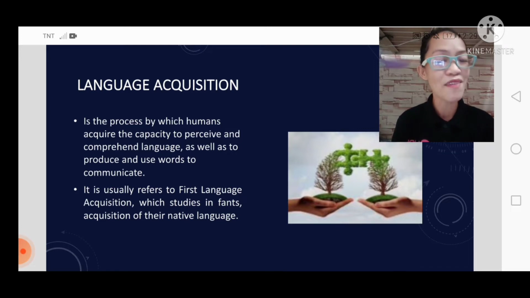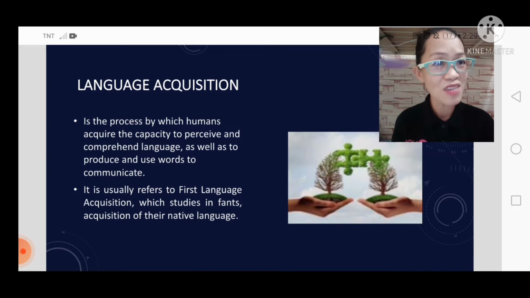It means that language acquisition is acquired by humans. It's a capacity to perceive and comprehend language, as well as to produce and use words to communicate with others. Second, it usually refers to first language acquisition, which studies infants' acquisition of their native language.